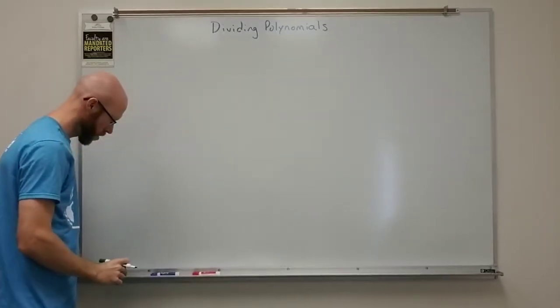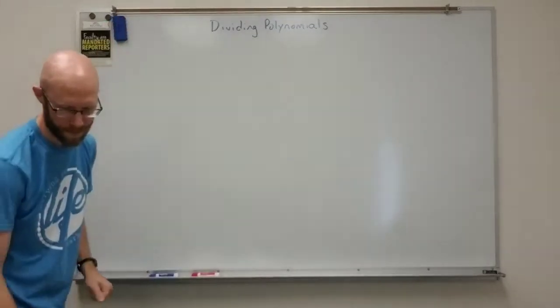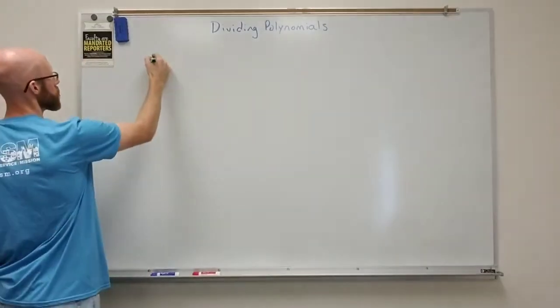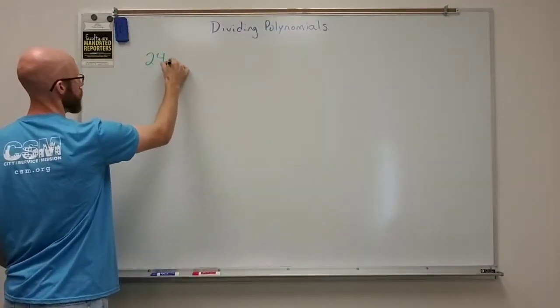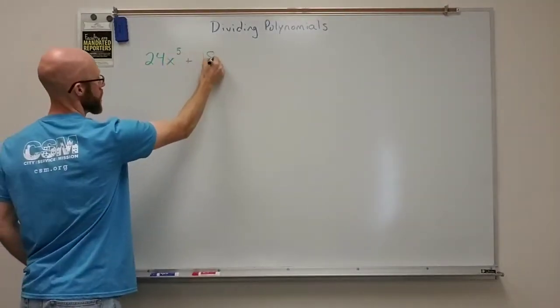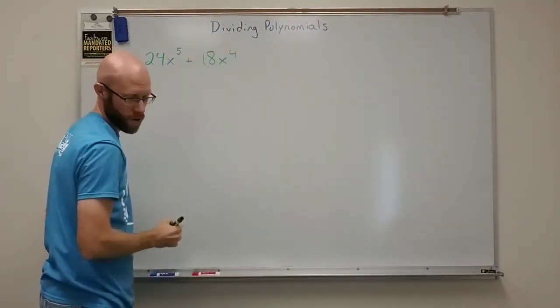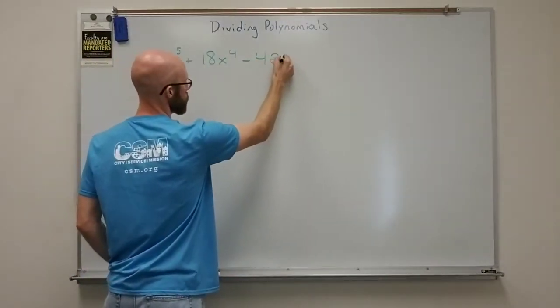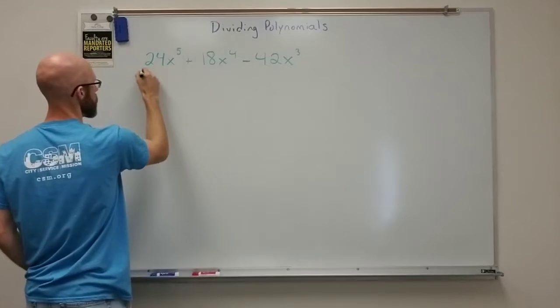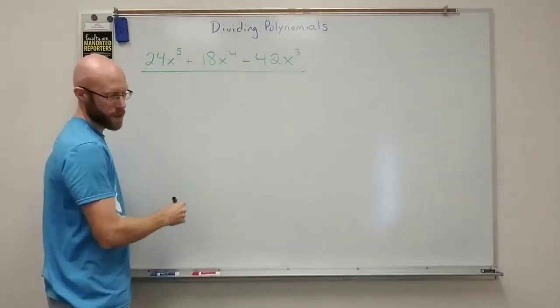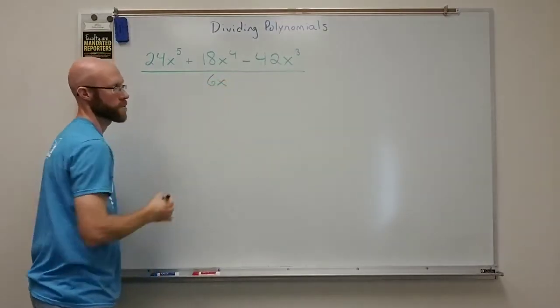So, all that being said, let's look at an example like 24x to the 5th plus 18x to the 4th minus 42x to the 3rd, all over 6x.